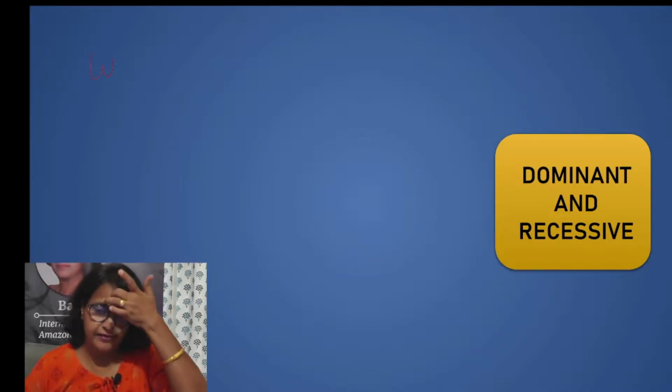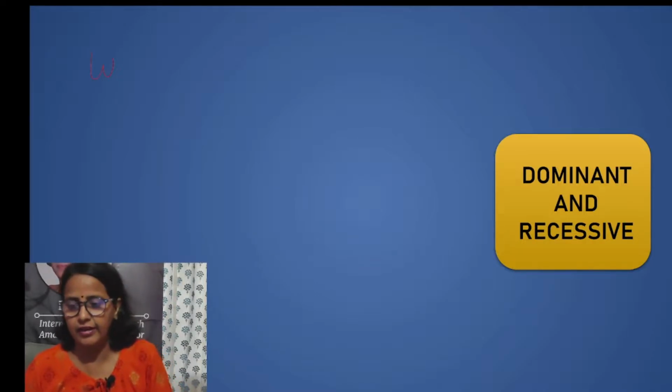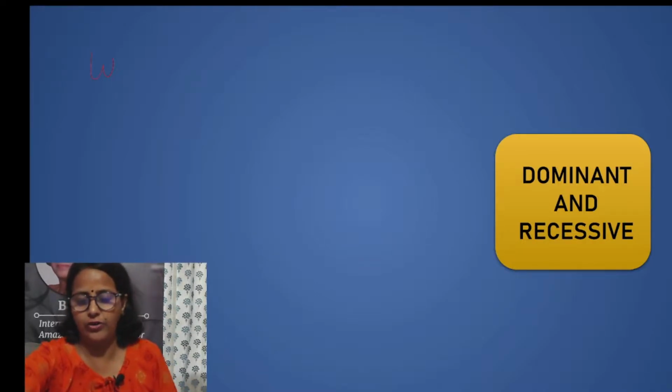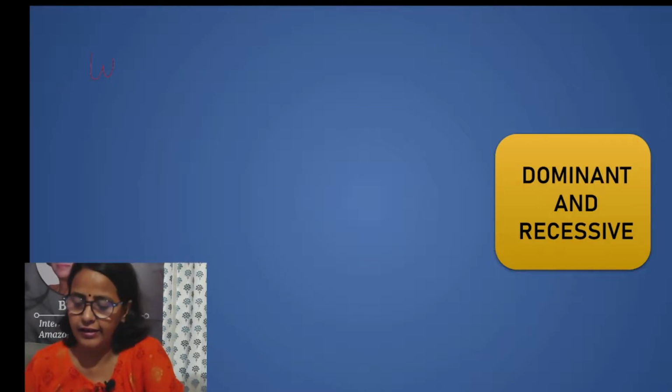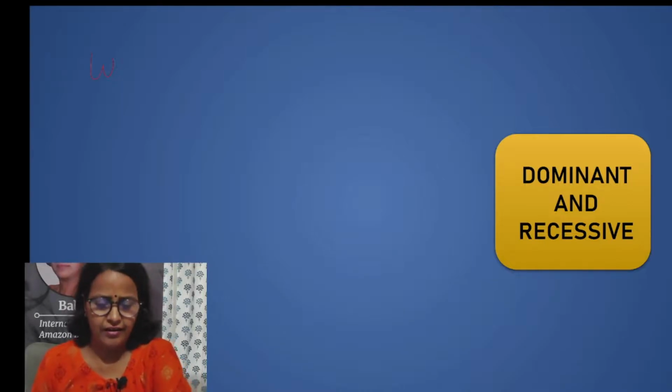Dominant and recessive. Earlier it was also called the law of dominance, but it is not considered to be a law now. So let us see what was said in that law earlier.